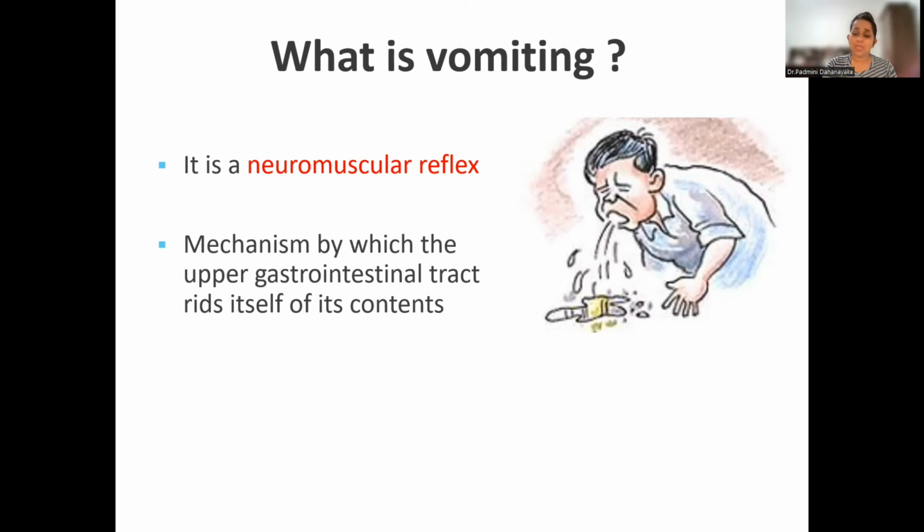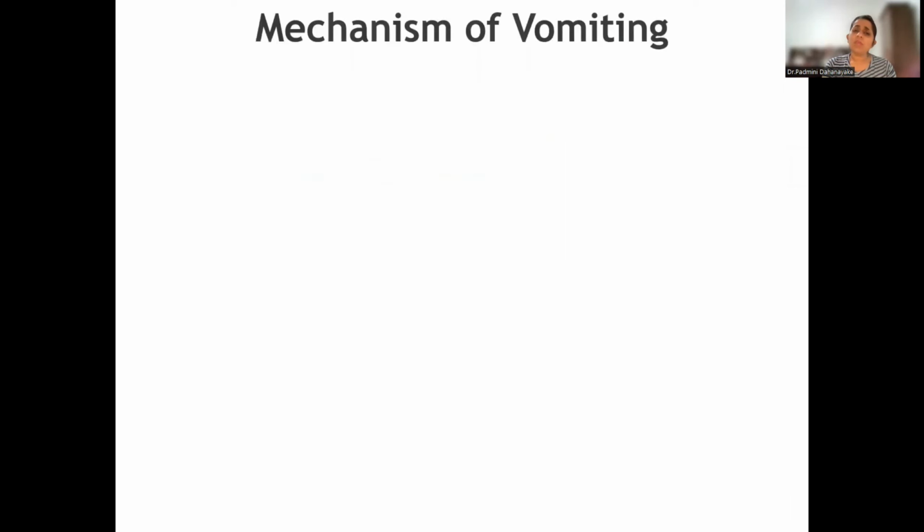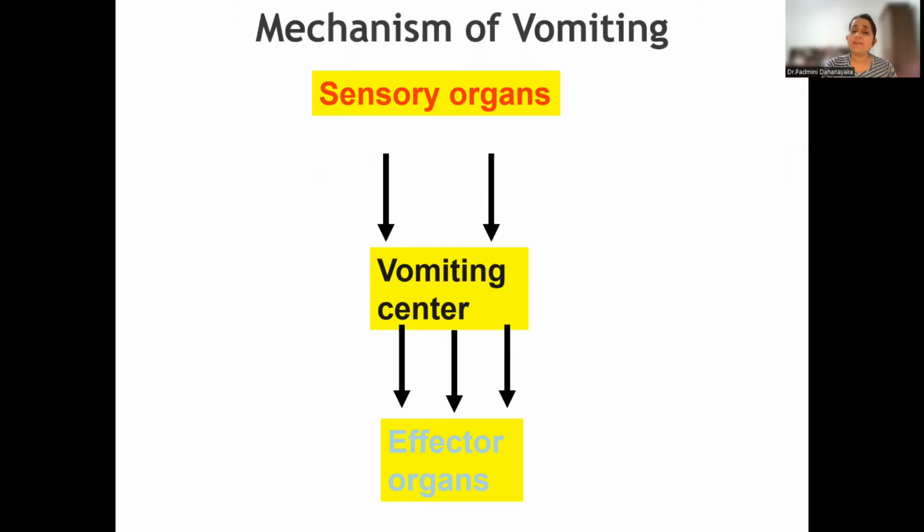That is clear. Now, I told you this is a reflex. So any reflex mainly consists of three main structures. The first one is sensory organs. Then you have the main controlling center, most probably within your brain or the brain stem. And you have the effector organs.